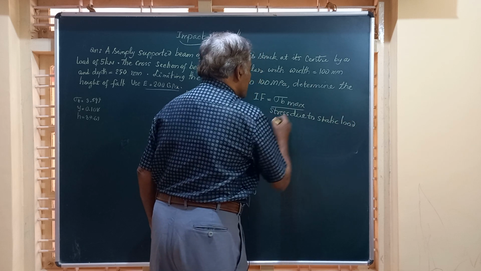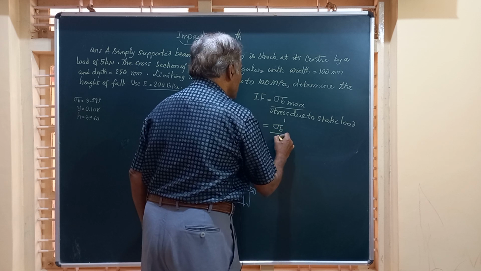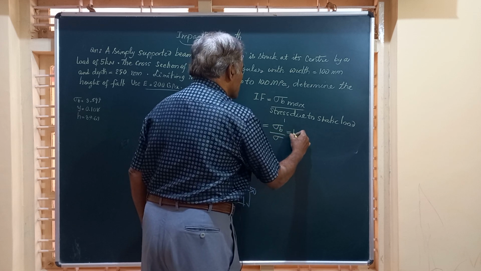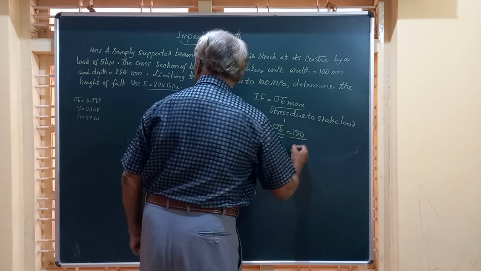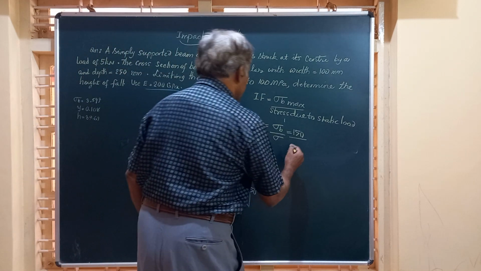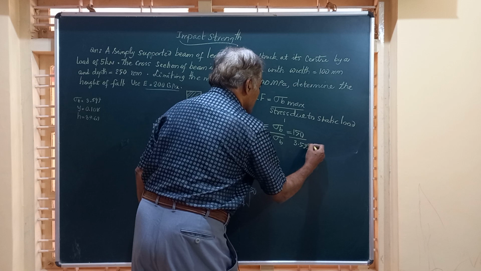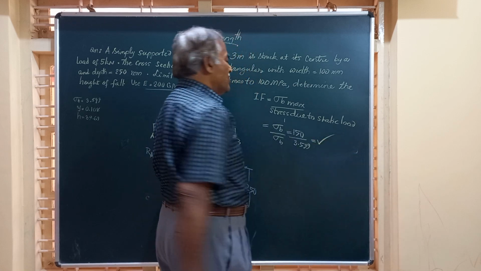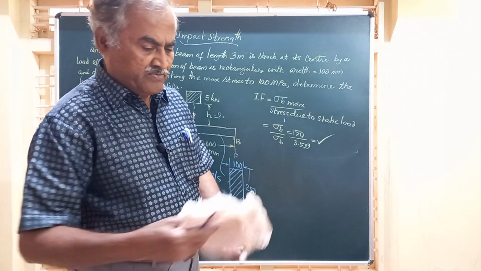According to this formula, it is sigma B dash divided by sigma B. This is given as 150 in the question, and sigma B you have calculated as 3.599. So you will be able to find out the impact factor IF.